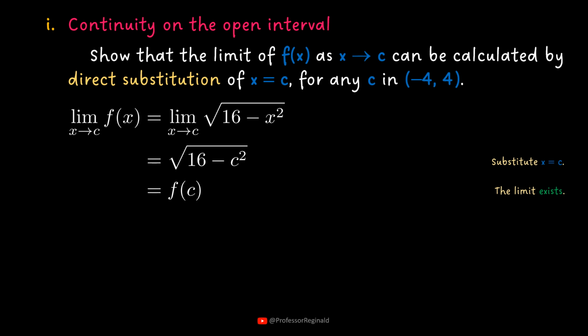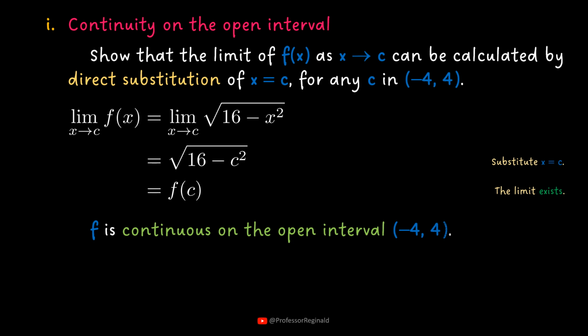Because the limit can be calculated by direct substitution of x equals c for any c in -4, 4, f is continuous on the open interval -4, 4.